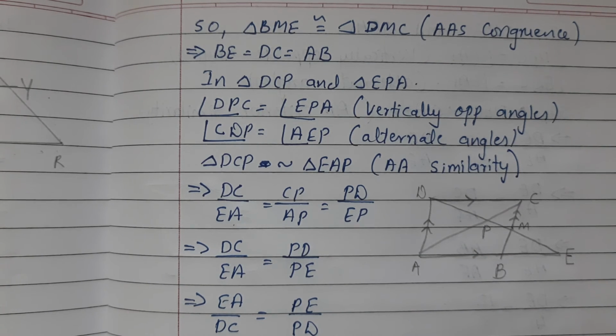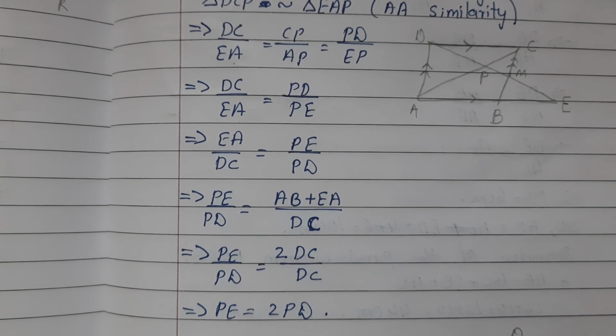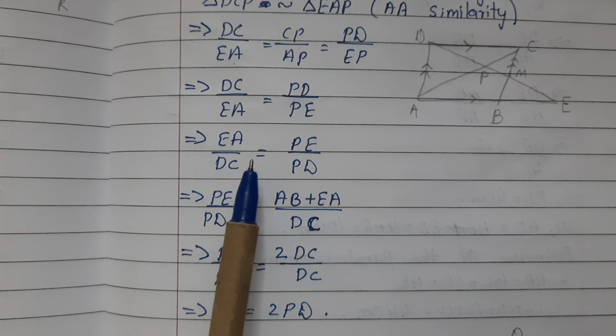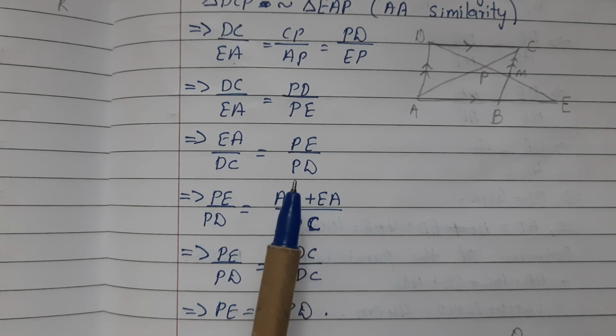Therefore, sides are proportional. DC upon EA is equal to CP upon AP is equal to PD upon EP. Implies DC upon EA is equal to PD upon PE. Implies EA upon DC is equal to PE upon PD.